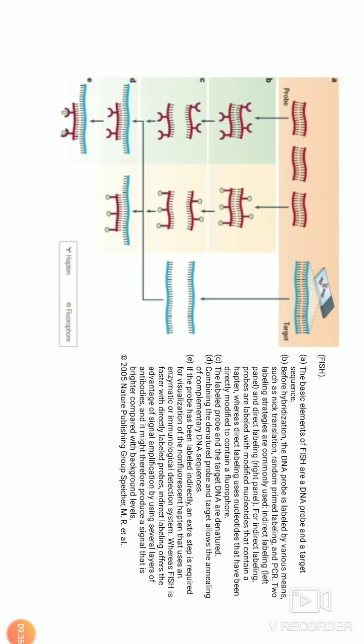Tritium, H3, can be used. Non-radioactive labeling: here I have given only 3 examples, but you have many non-radioactive molecules like hapten, biotin, digoxigenin, and fluorescent dyes, as in the case of fluorescence in situ hybridization, which can be used for labeling.